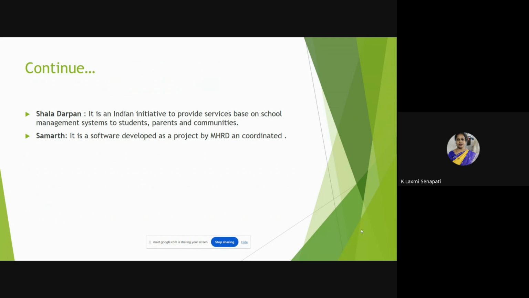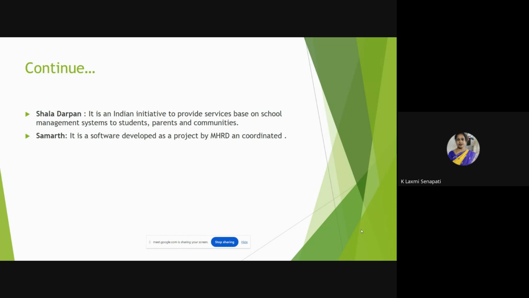Through Samarth, what is happening? Capacity building of the teachers, induction training is given to those who are newly appointed, and it will also help new teachers to continue their work.